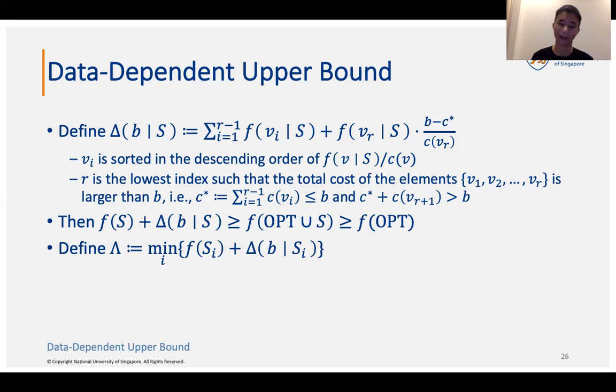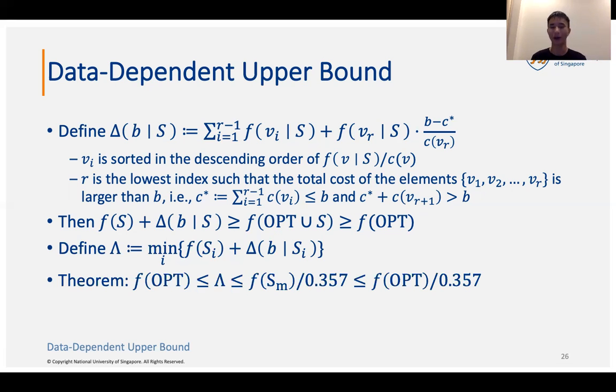Then we just compare the greedy intermediate solutions in the greedy search. We find the smallest upper bound, and we prove that this bound is very good. It's within a constant factor of the optimal.